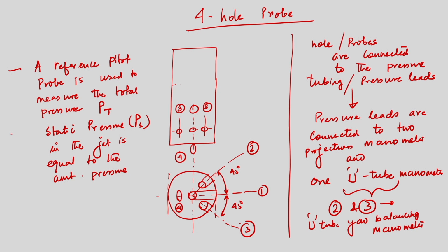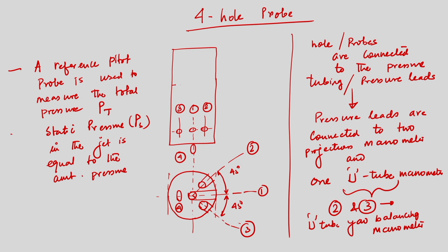So the pressure at orifices 2 and 3 must be the same. For that the probe needs to be yawed, and this process is done until the pressure at orifices 2 and 3 becomes equal. And if the pressure becomes equal, the balancing manometer will show zero differential head.